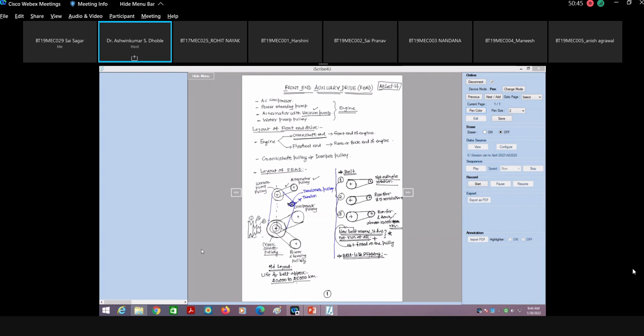So relative motion between the pulley and belt, that is slip. Okay, this is the relative motion between pulley and belt. Okay, now you see that this is the pulley.